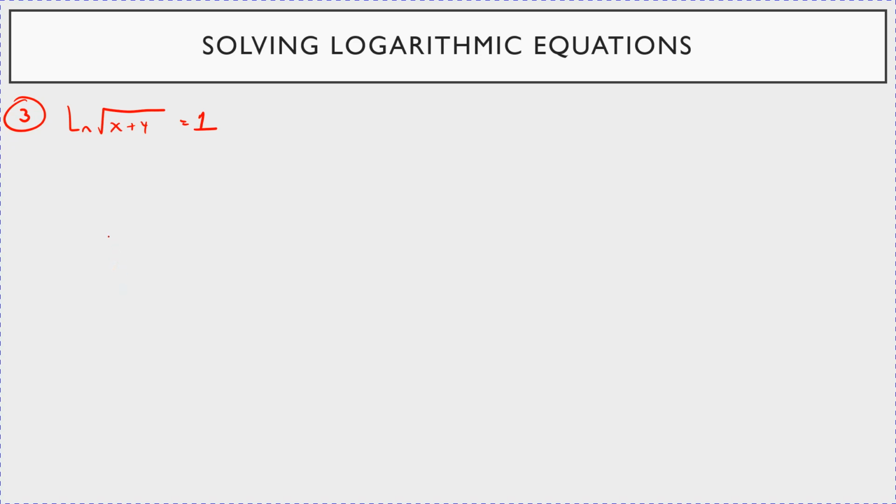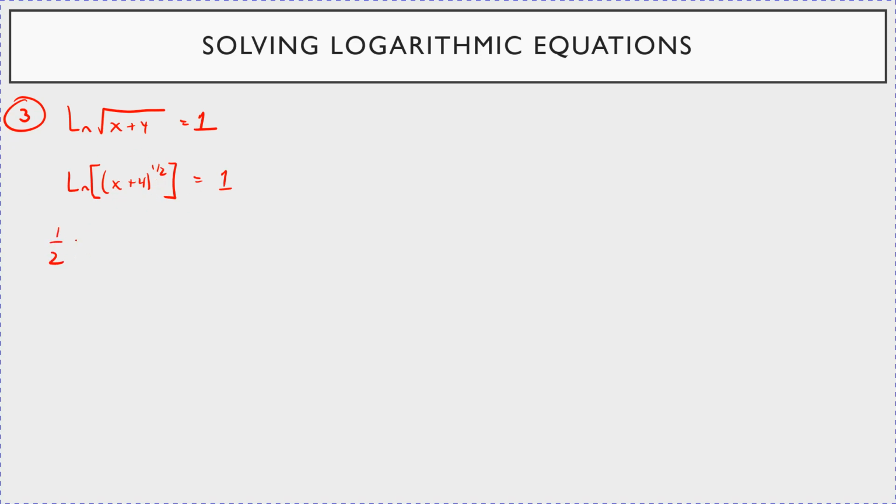All right, here's how I would tackle this problem. First thing, the square root makes this hard. So I'm going to write this as the natural log of x plus 4 to the 1/2 power. All right, well, what can you do with the 1/2? You can bring it out front.